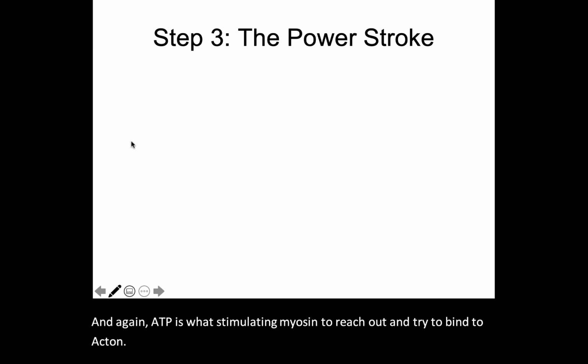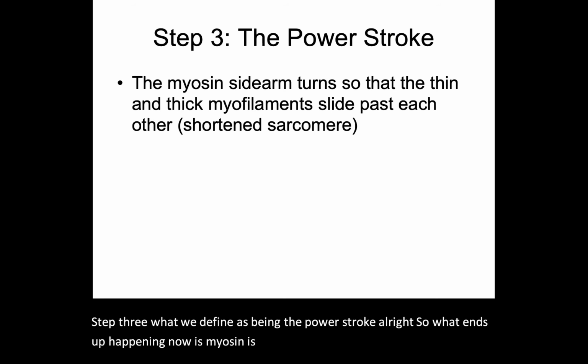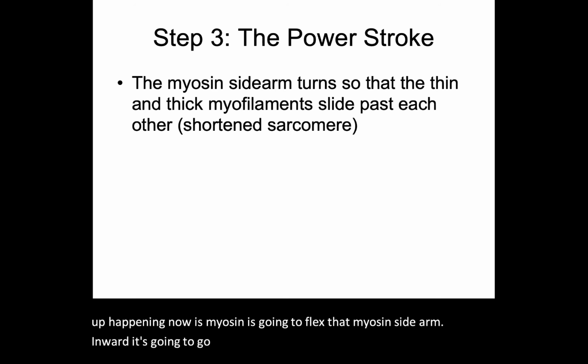Step 3, what we define as being the power stroke. All right. So what ends up happening now is myosin is going to flex that myosin sidearm inward, towards the M line.